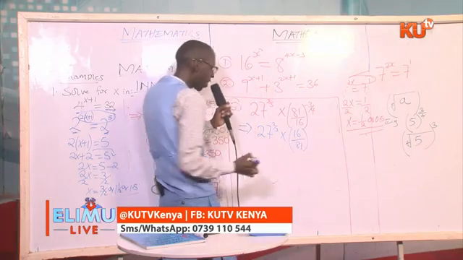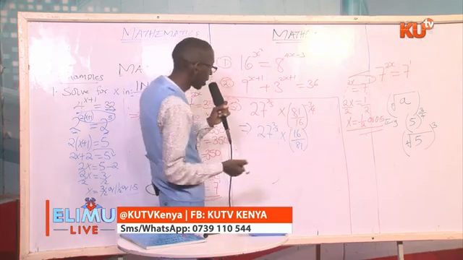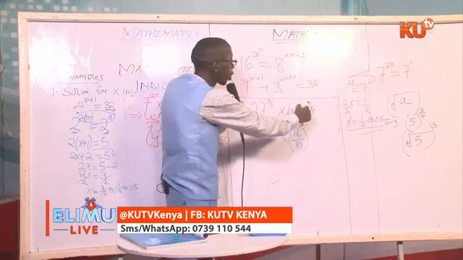There is a law of indices that says if we reciprocate the base, the sign of the power changes.